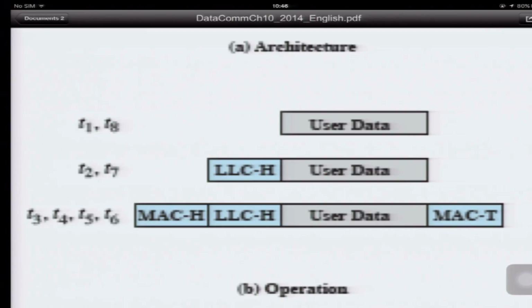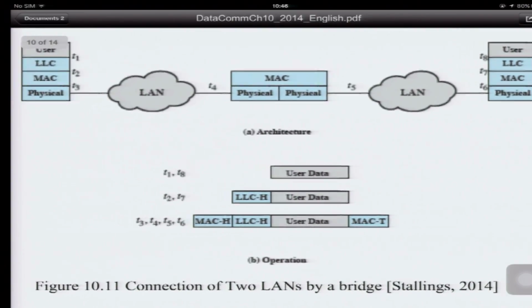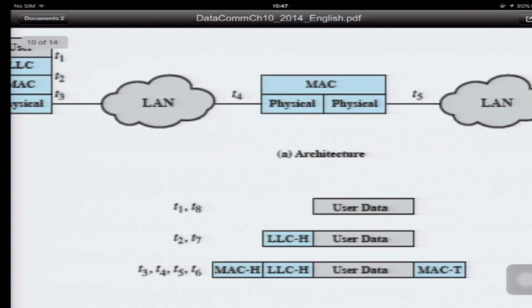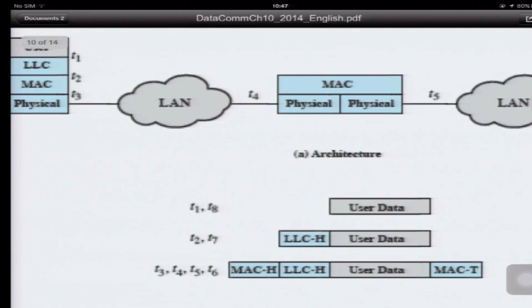Then it goes to the physical medium and to the LAN. At time T4, it still looks the same: the frame looks like a MAC frame, but it's sent as a physical signal.